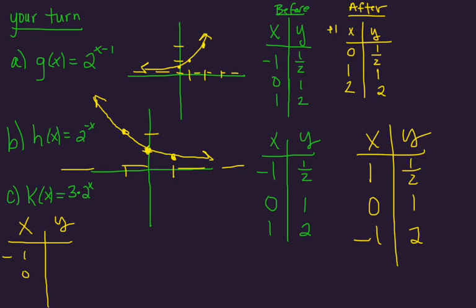So -1, 0, and 1. But this time, I'm going to multiply the y values by 3. So 1/2 times 3 would be 3/2. 1 times 3 would be 3. And 2 times 3 is 6. So if we graph that, we'll have -1.